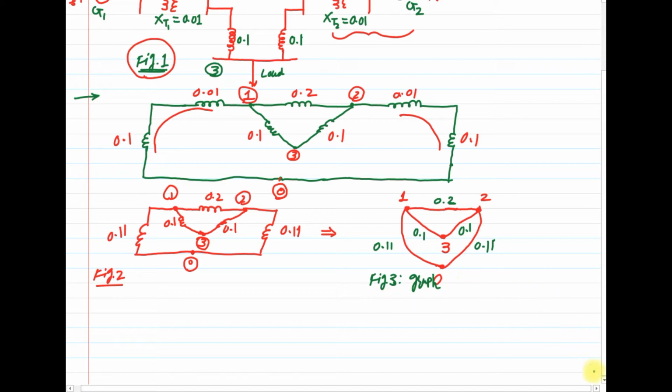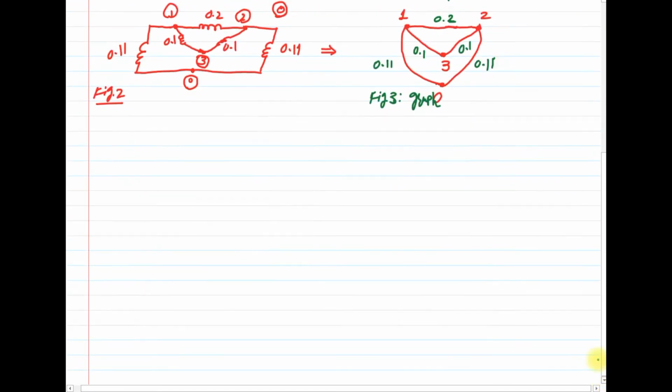Now the next is we have to draw figure number 3, which is the graph. From this figure number 3 we have to draw the tree and cotree. So again, just to remind, what is the condition for a tree? All nodes should be considered. I will draw the tree in such a way that we can calculate for each and every type of modification. That means all 4 types of modification should be considered in this example.